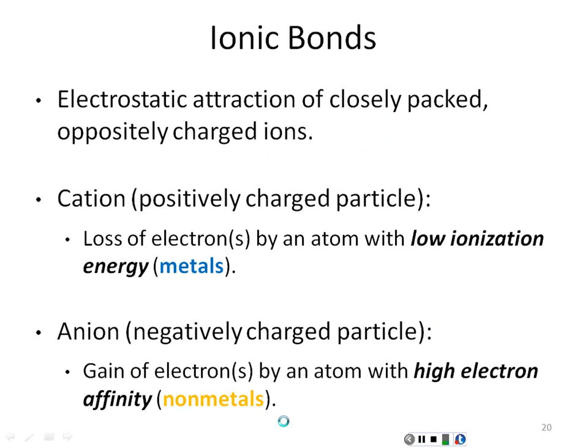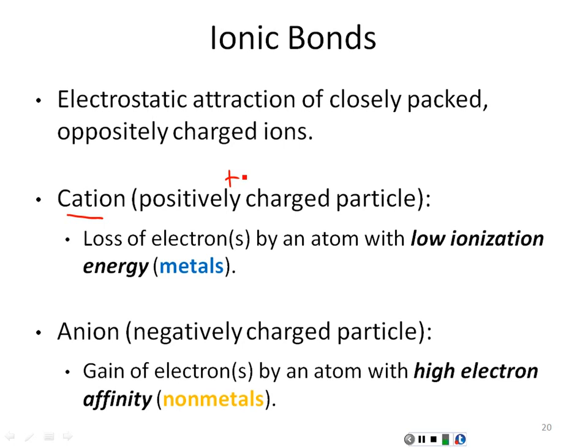So just to remind everyone again, an ionic bond is an electrostatic attraction between very closely packed, oppositely charged ions. A cation, if you remember, is positively charged. In an ionic compound, this is due to a metal losing electrons.